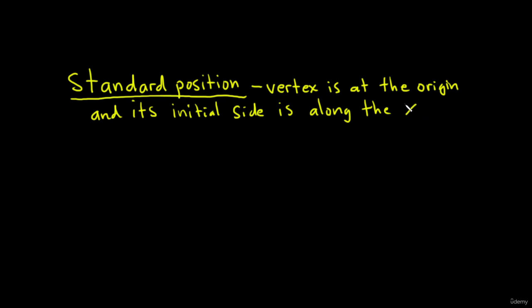So it'll be in standard position if the vertex is at the origin and its initial side is along the x-axis. So let's do some simple examples so you can see.